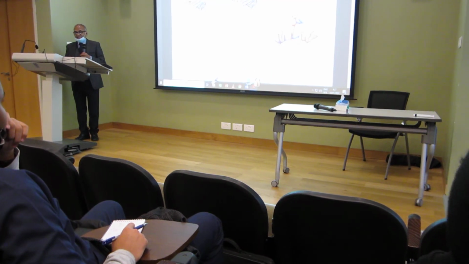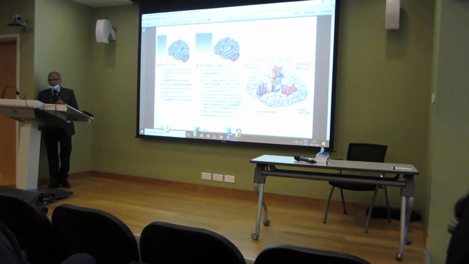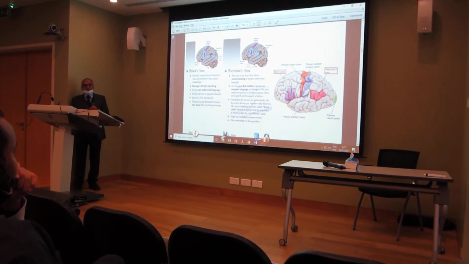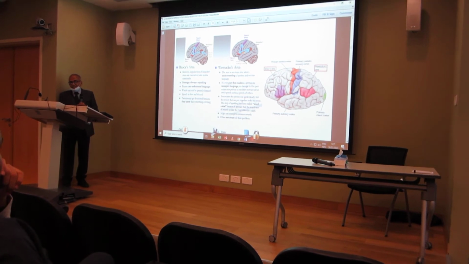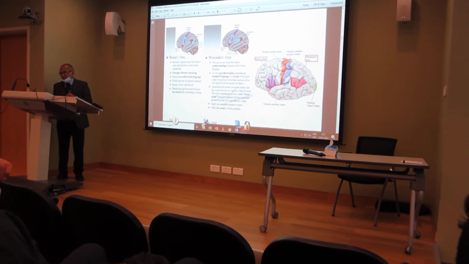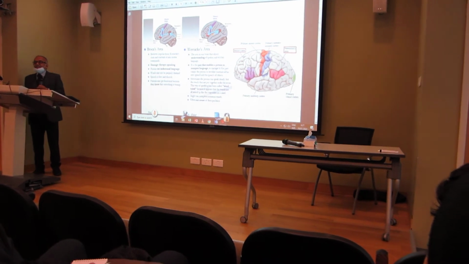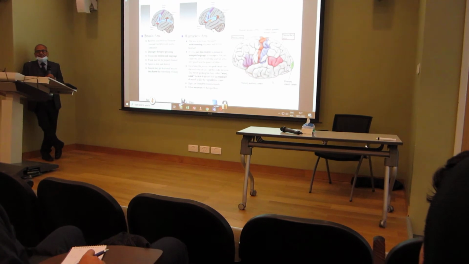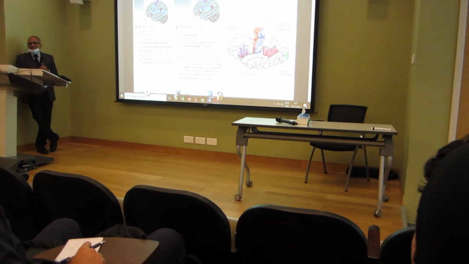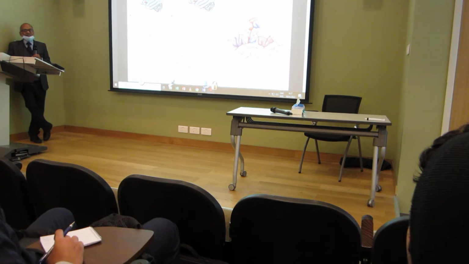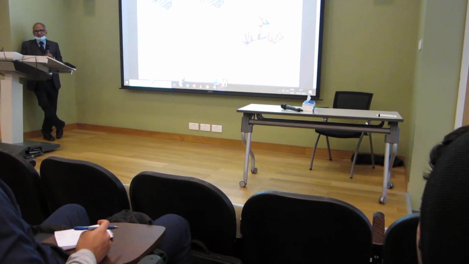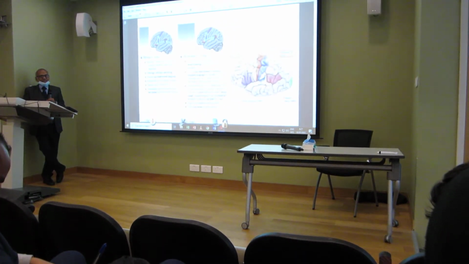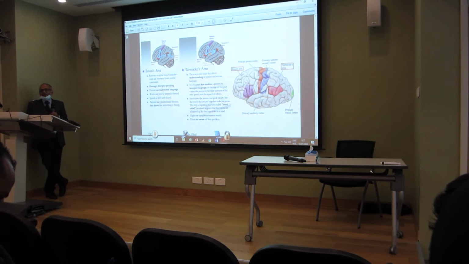We have the Wernicke's area. If you see the superolateral surface of the brain, the Wernicke's area over here and Broca's speech area. Now Wernicke's area leads to understanding what we are speaking or what we are listening to. The person who has a deficiency in this area will not be able to understand what has been spoken. And when he tries to talk, if Broca's speech area is normal, he can make words.